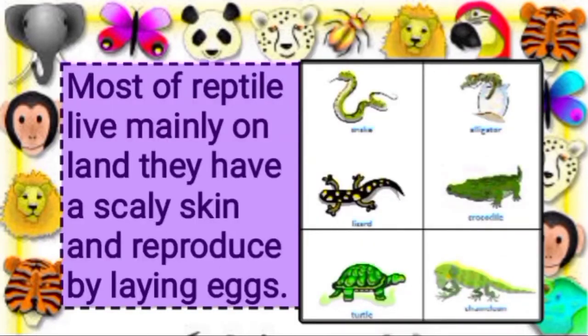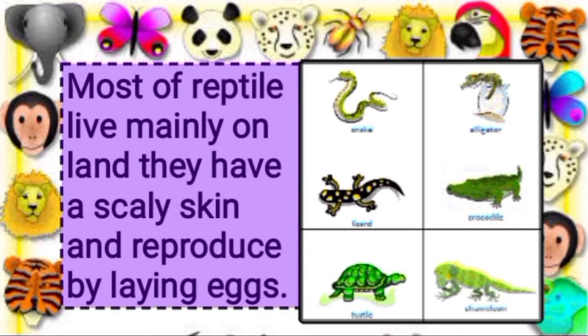Now let's understand about features of reptiles. A reptile is an air-breathing animal that has scales instead of hair or feathers. Reptiles have lived on Earth for more than 280 million years. So, they have a scaly skin and reproduce by laying eggs.